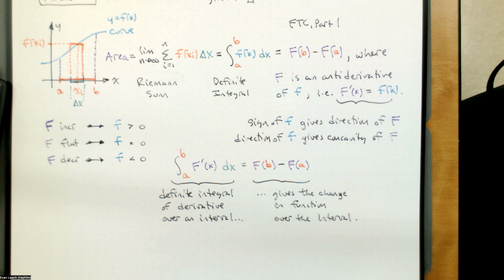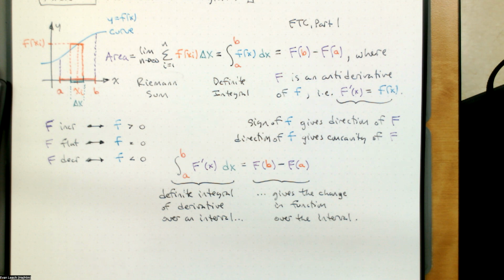This will be a more useful way to think about the fundamental theorem of calculus in terms of chapter 5, where distance is equal to rate times time. In that framing, this capital F prime of x is the rate of change of the function.